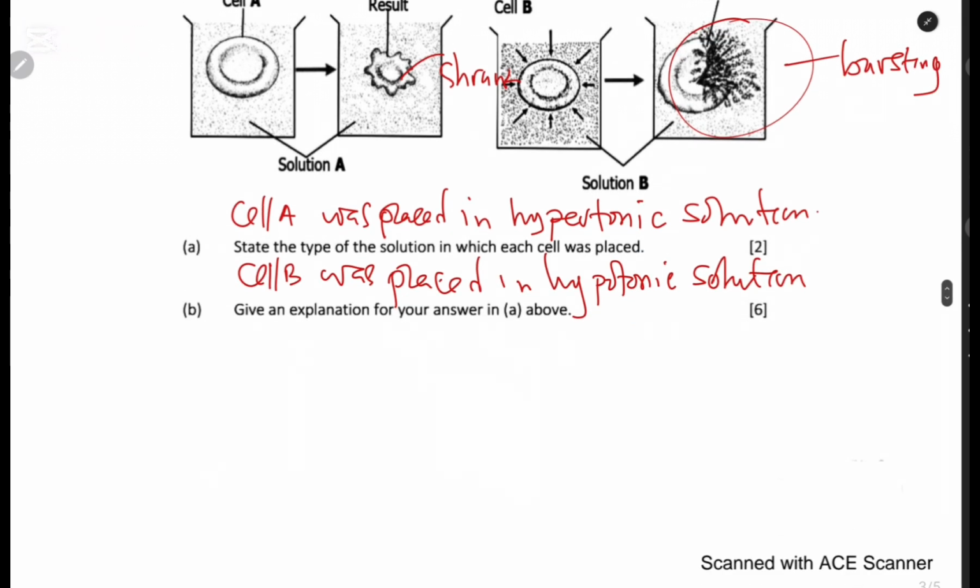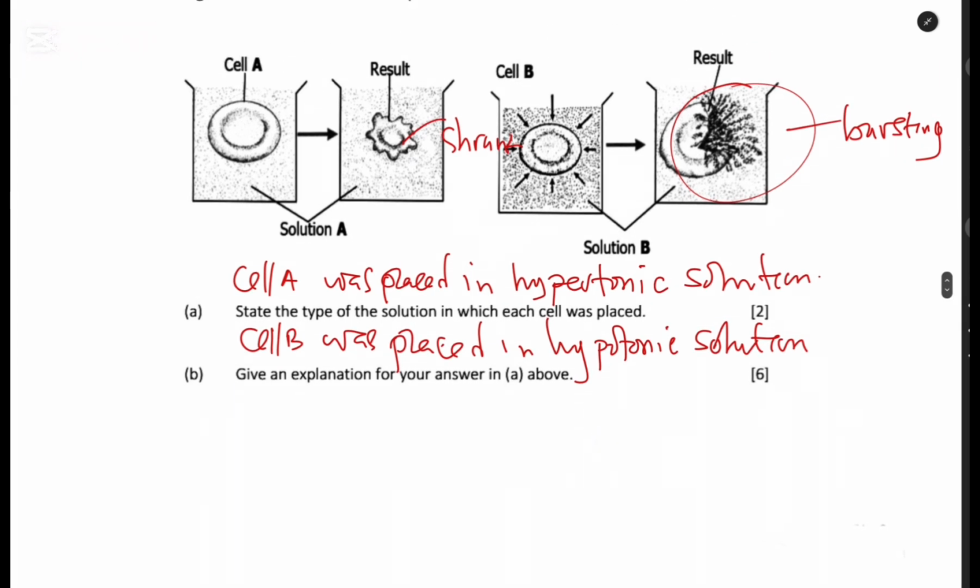Then explain or give an explanation for your answer above. Why do we say cell A was placed in hypertonic solution? What is the reason that we can give?